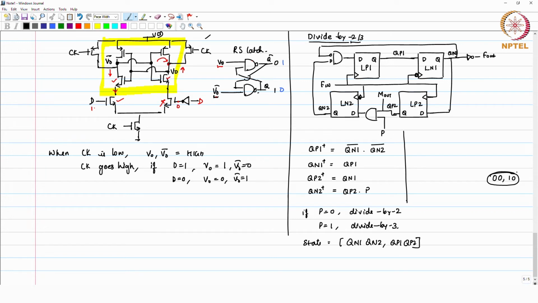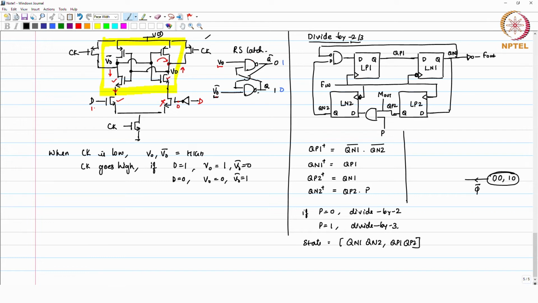From here, you are going to look at when you get the falling edge on the clock. Okay. So, when you get the falling edge on the clock, I am going to denote that as phi bar. Phi is the clock.